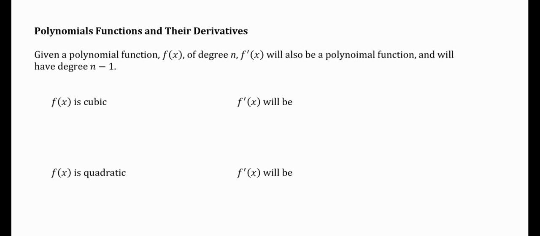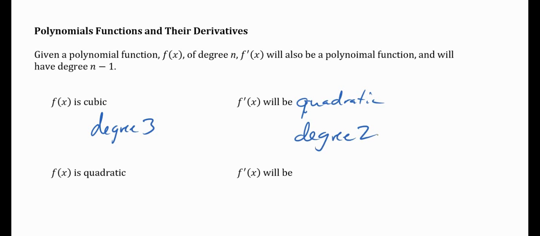And keep going down. So f(x) is cubic, which means degree 3. This is all we're saying here. f prime of x will be quadratic, which means degree 2.